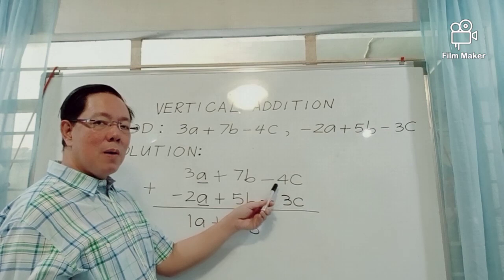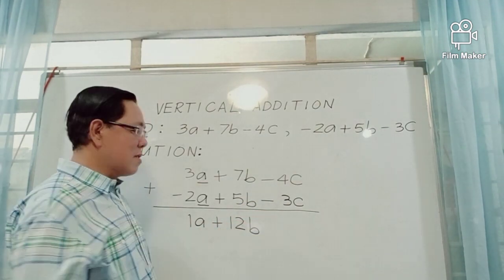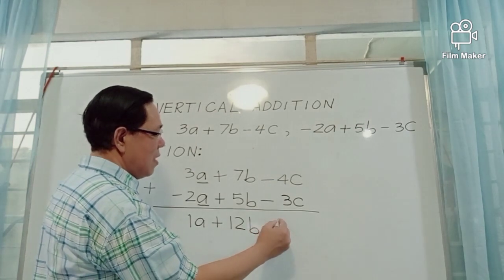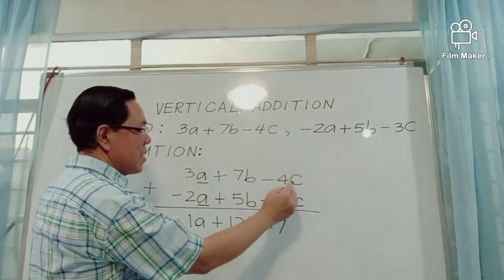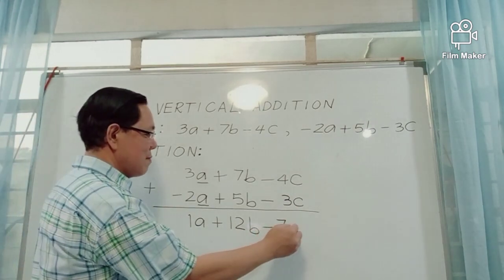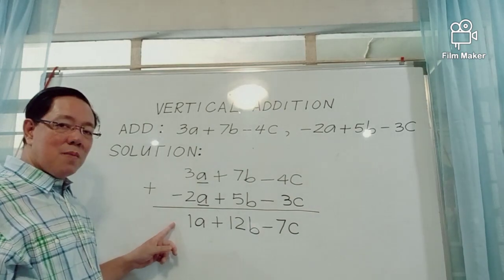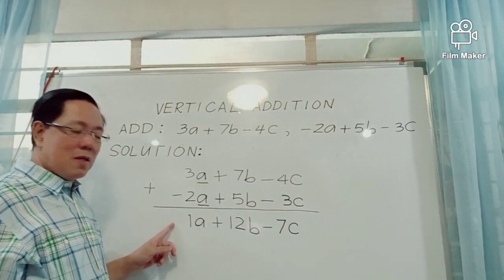Negative 4 plus negative 3 equals negative 7. And copy the common literal coefficient c. This is the sum of the given two trinomials.